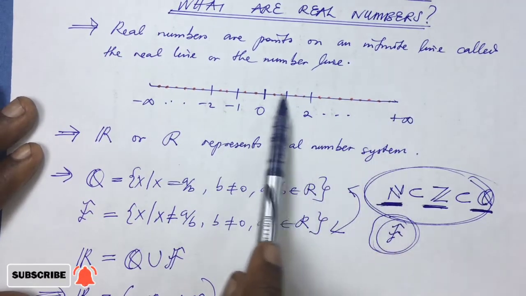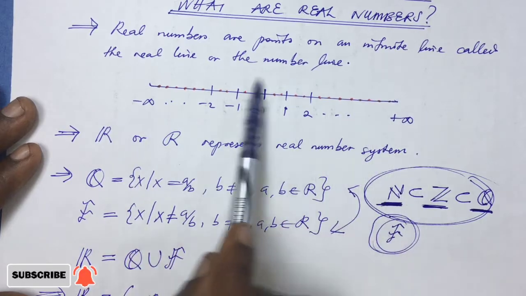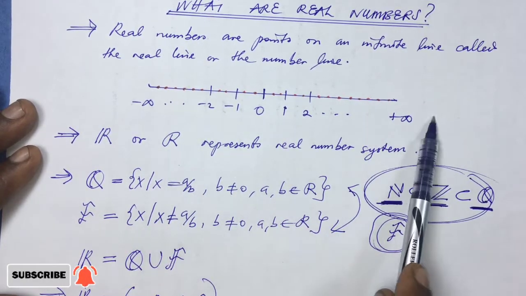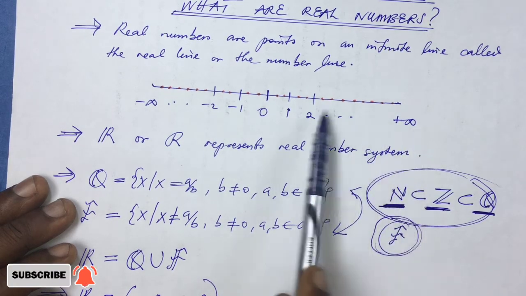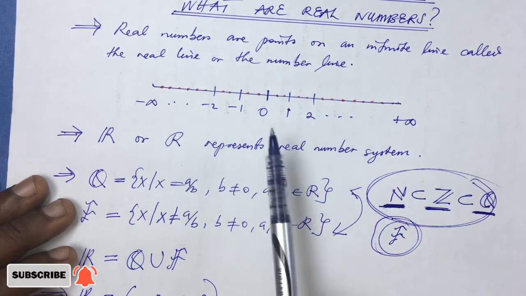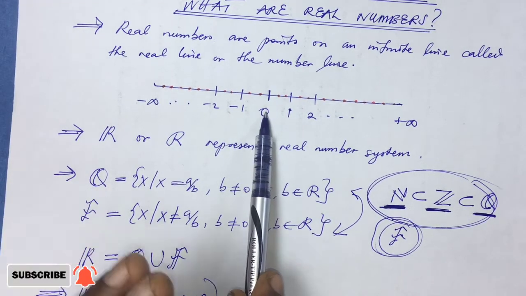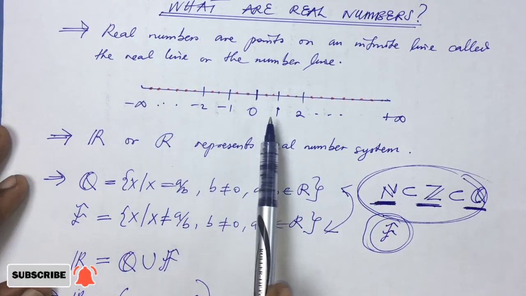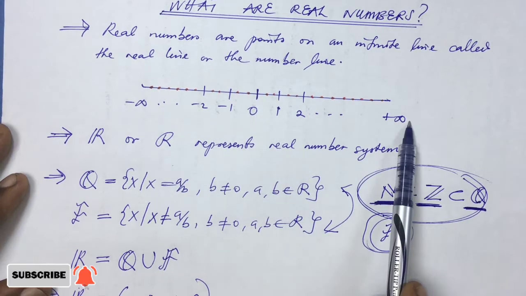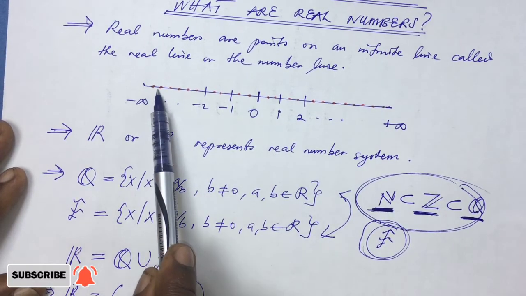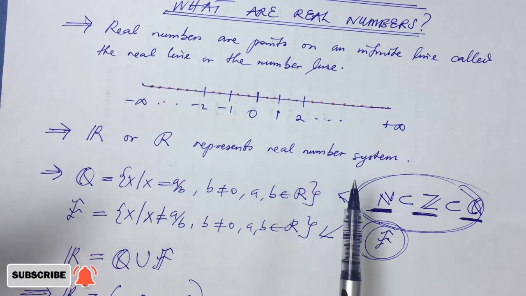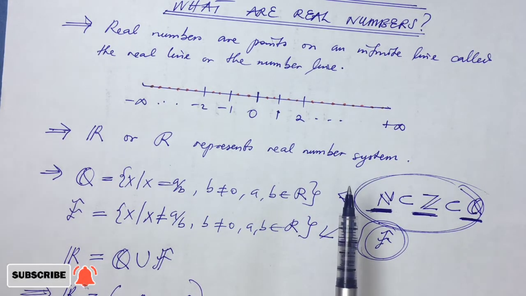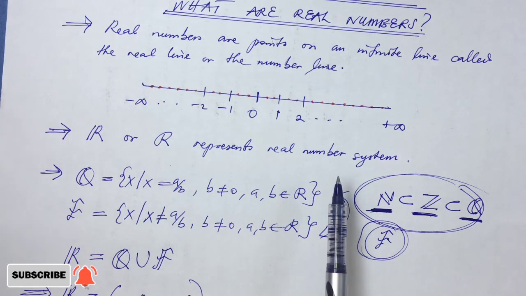For that reason, you can visualize that statement as a straight line that comes from minus infinity down to 0 and also from plus infinity down to 0 as a midpoint, such that all the numbers from 0 to the left are negative, all the numbers from 0 to the right are positive, and every point on this infinite line corresponds to a particular number, be it a natural number, an integer, a rational number, or an irrational number.